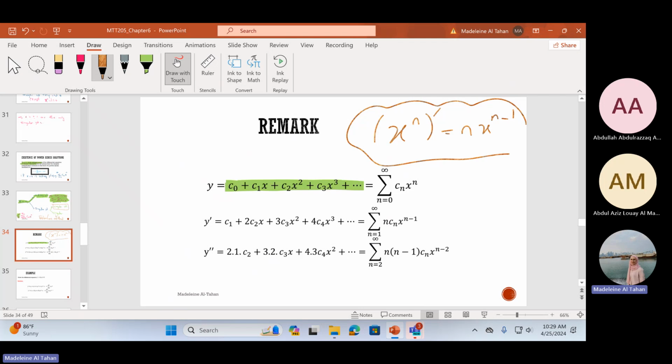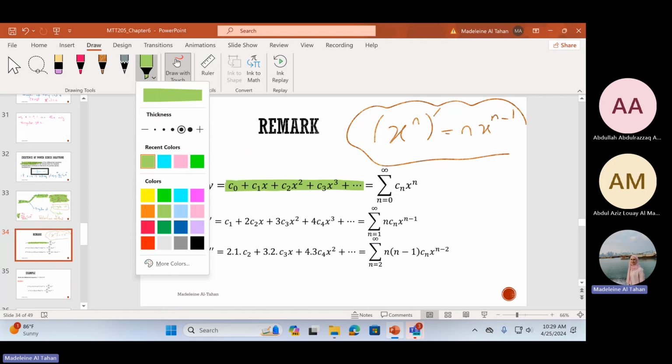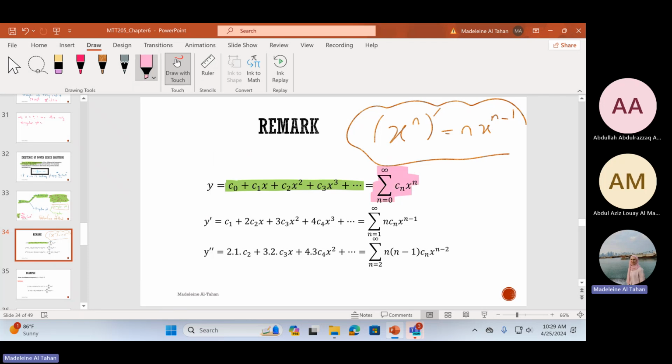If I want to find y triple prime, I will start at n equals 3. In every question that we solve as a power series, we will find y as sigma Cn x power n, y prime in this way, and y double prime in this way. We know how to differentiate, but in case you forgot, you can just memorize these.